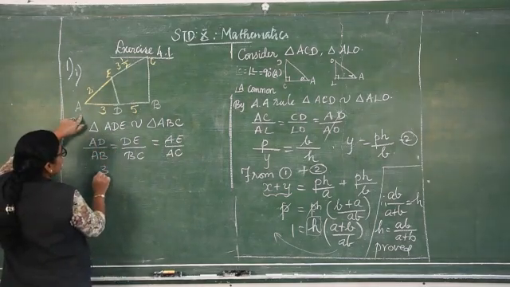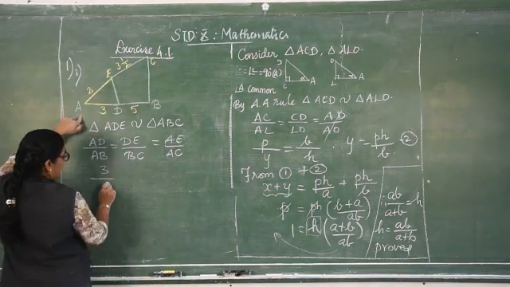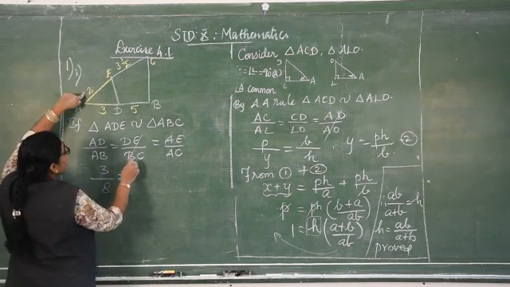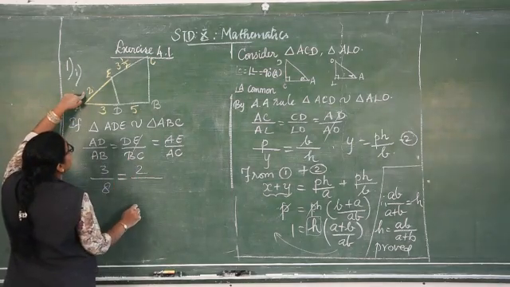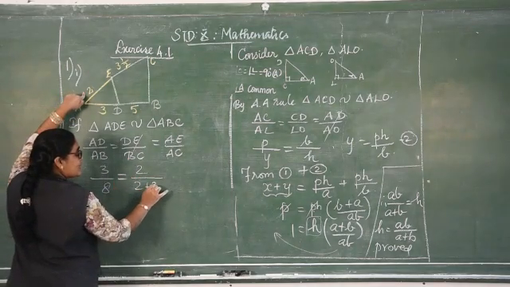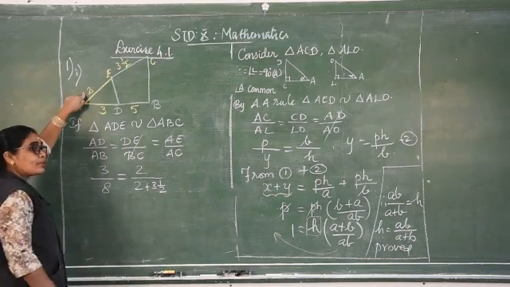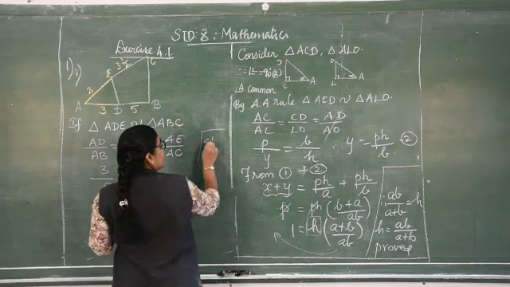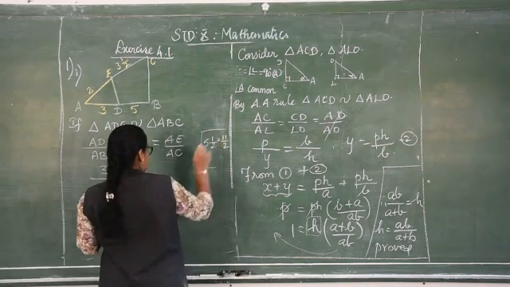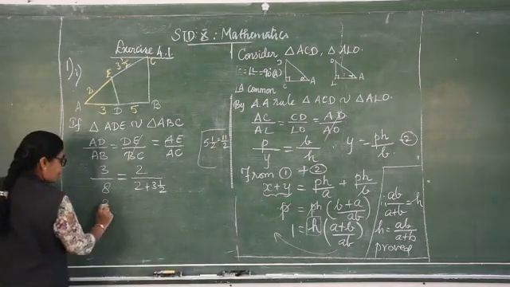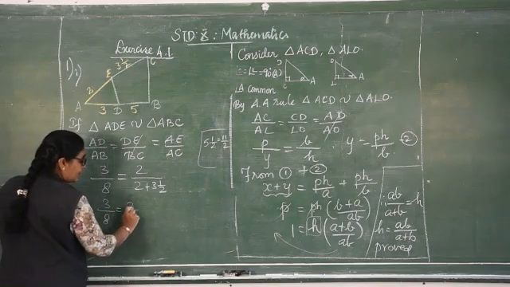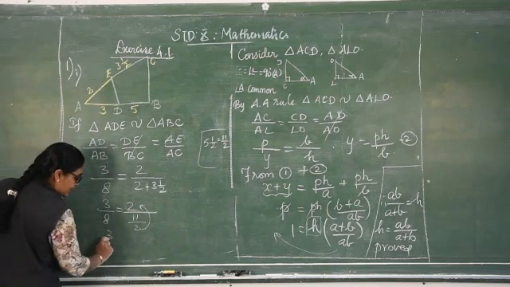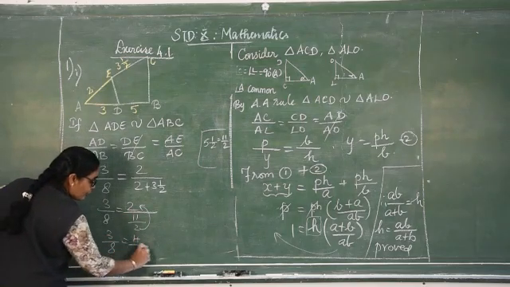AD value is 3 by AB, 8, is equal to DE value we don't know, BC value we don't know, AE is 2, AC is 2 plus 3.5. So 2 plus 3.5 we will write as 5.5. 5.5 is nothing but 11 by 2. So this will be written as 3 by 8 is equal to 2 into 11 by 2. This 2 will climb up. So 3 by 8 is equal to 4 by 11.